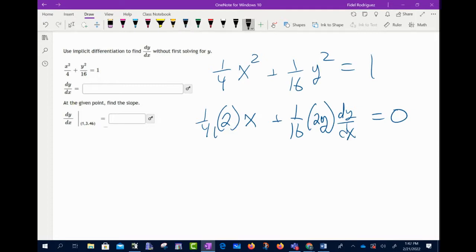And then the next thing I would do is start simplifying things. I know I can reduce that 2 with that 4, so that's going to give me an x over 2. And I know I can reduce this 2 with that 16, and that's going to leave me with a y over 8 with a dy dx equals 0.